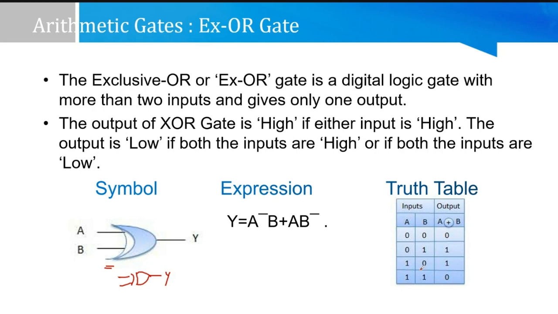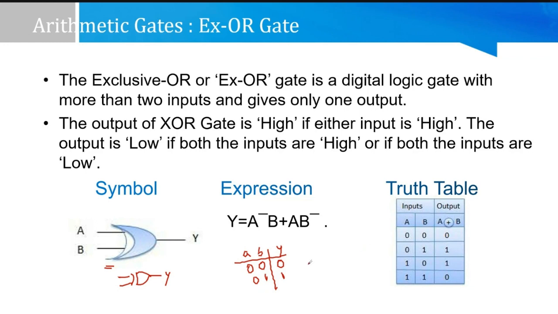The operation of the XOR is that it provides the output whenever only one input is high at a time. Suppose you have A and B as inputs, and this will be your Y. When both inputs are 0, the output is 0. When one input is 0 and the other is 1, it provides the output as 1.